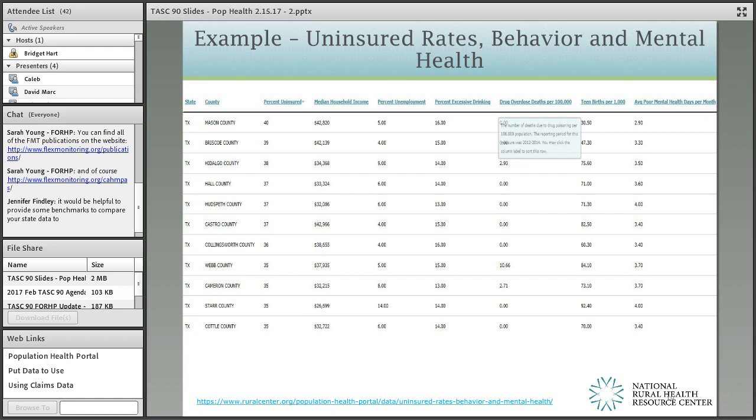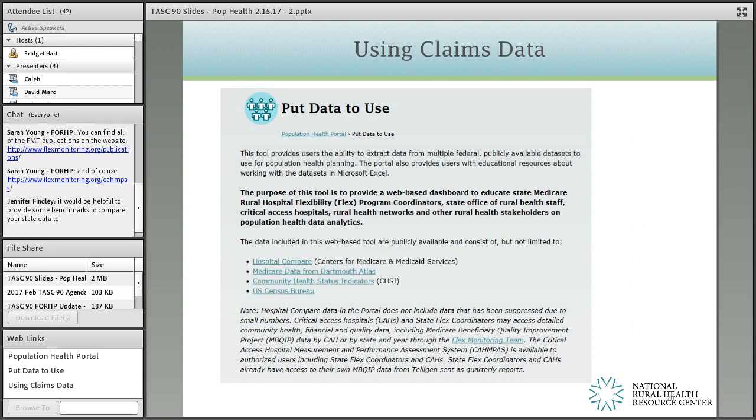looking at the uninsured rates. And the other feature on the data tool is you can hover over the column heading, and it gives you a definition of the data, but also allows you to sort for that specific area. So I could search or sort by county alphabetically, or in this screenshot, I sorted by percent uninsured, with the highest one here is 40% of the residents were uninsured in this county.